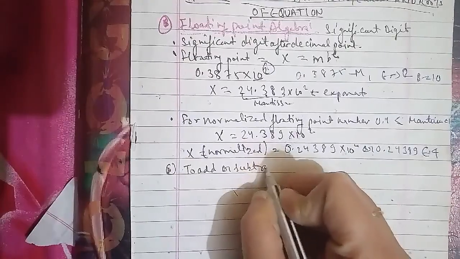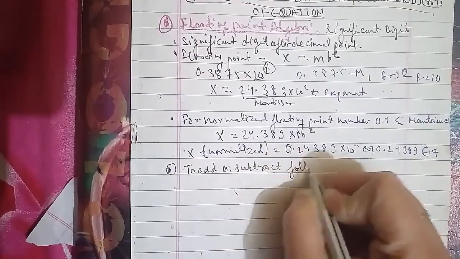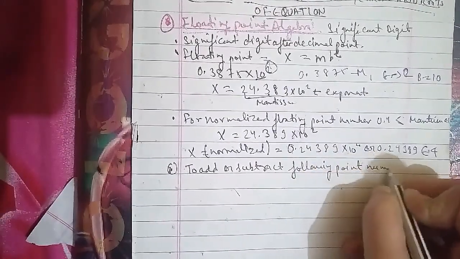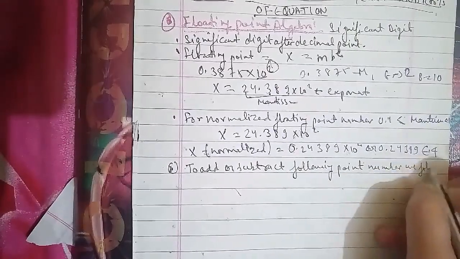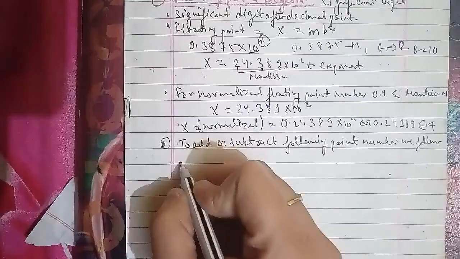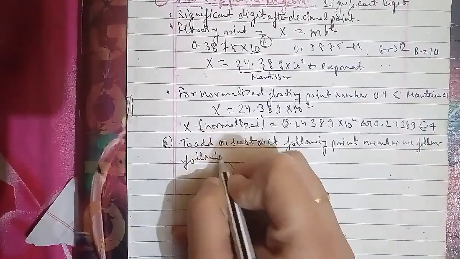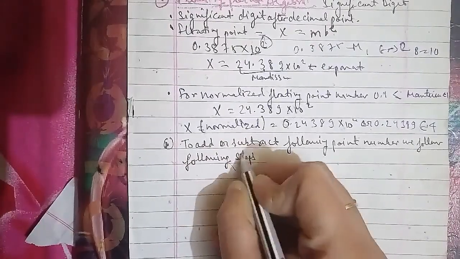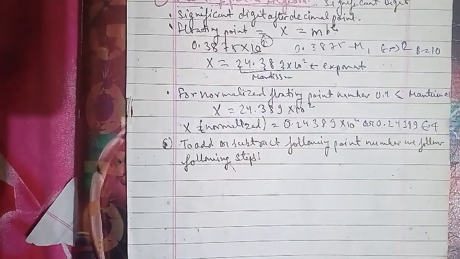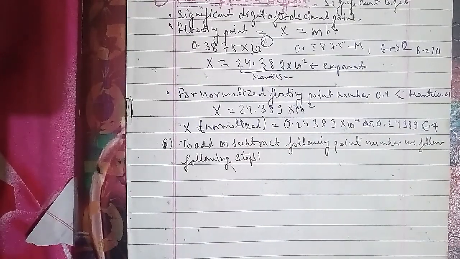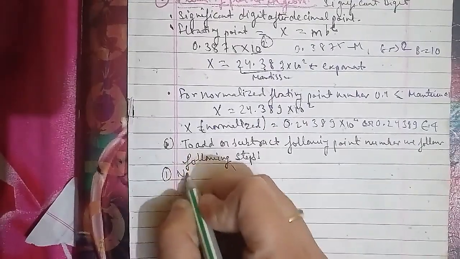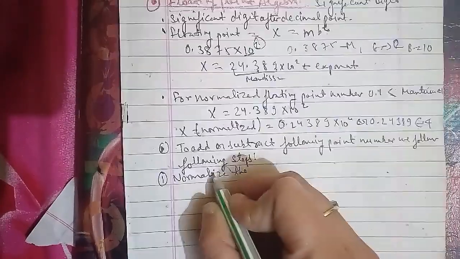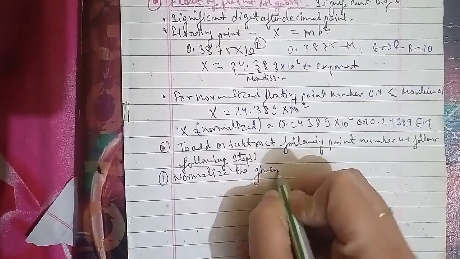First, you have to normalize the given numbers. Second, make their exponents equal by adjusting the decimal point.